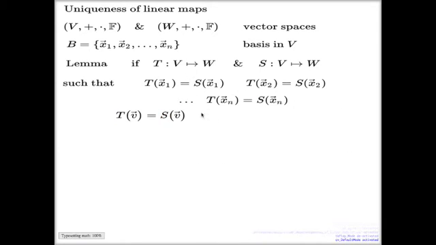So my linear maps are identical across the whole vector space V. That is, T is identical to S. Sometimes to emphasize this identical statement, people use 3 lines for the equal sign rather than 2 lines for the equal sign.